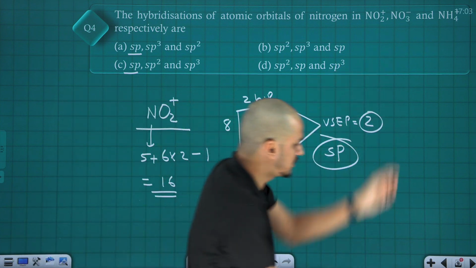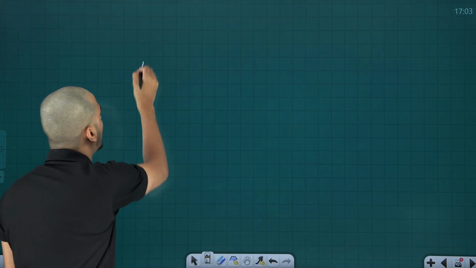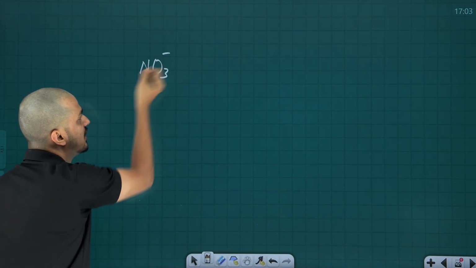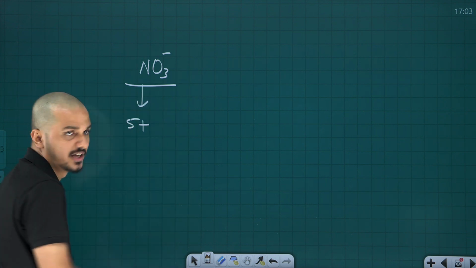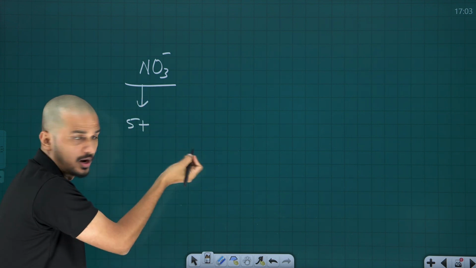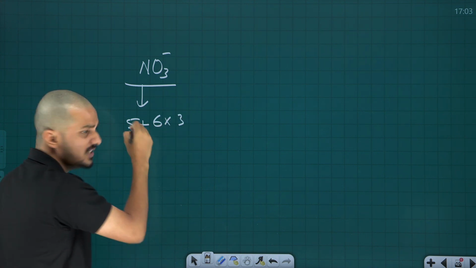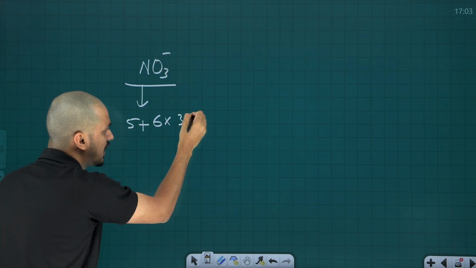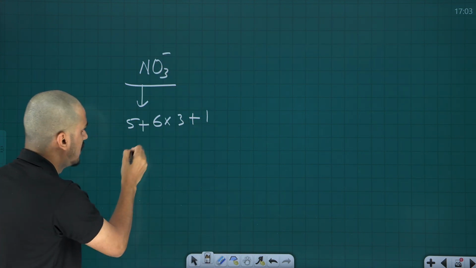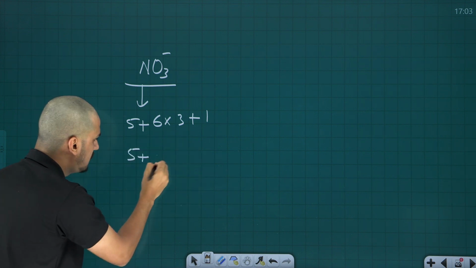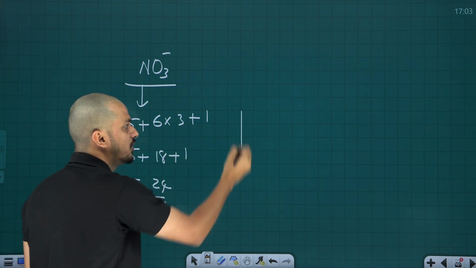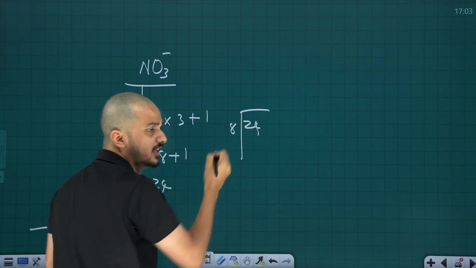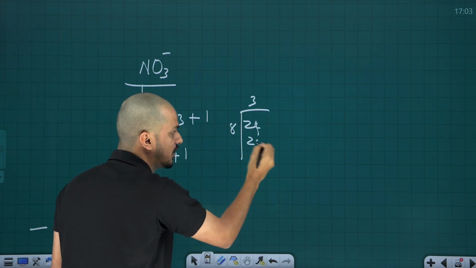And what about NO3-? That we also already found out. NO3- means what? Nitrogen valence electron is 5. Oxygen valence electron is 6, 6 into 3. Minus 1 means we are adding one more electron. So 5 plus 6 into 3 means 18, plus 1, that means 24. 24 divided by 8, you will get 3 8s are 24.